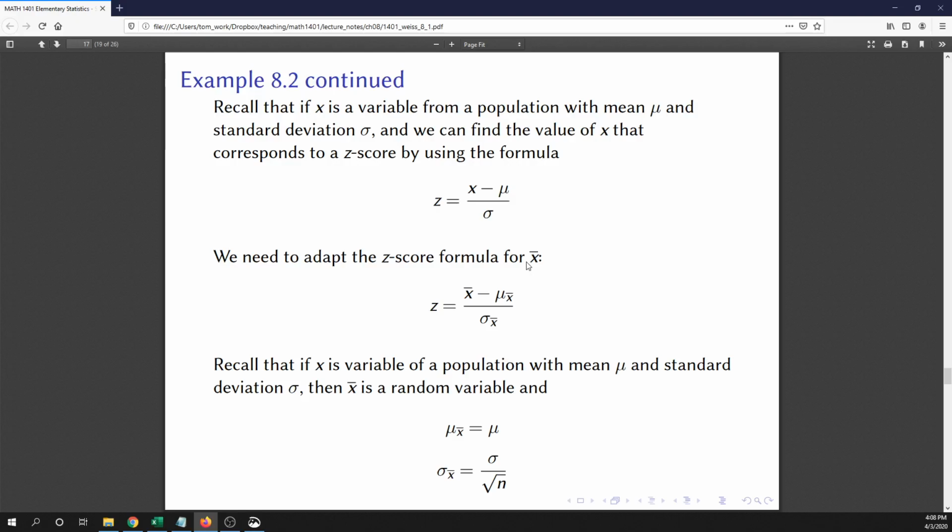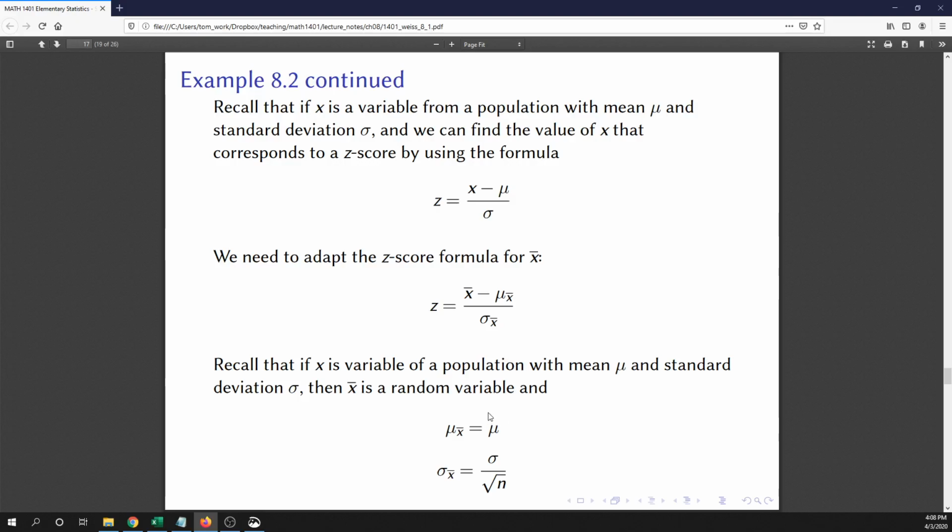We do need to adapt that formula for the sample mean, because that's what we're talking about. So it would be z equals the sample mean, x bar, minus the mean of all the sample means, divided by the standard deviation of all the sample means.